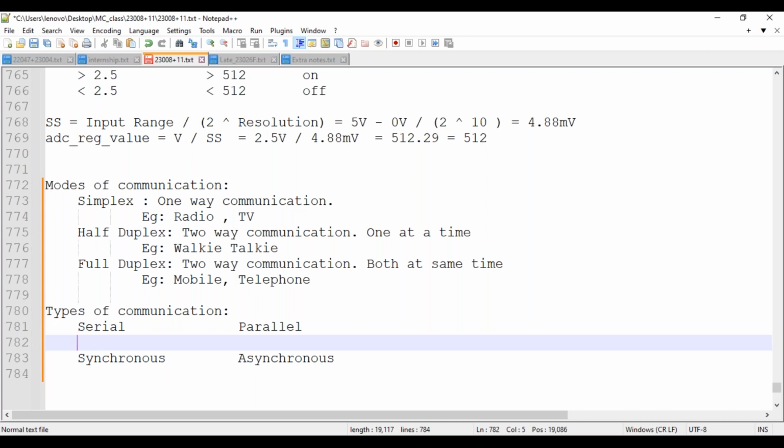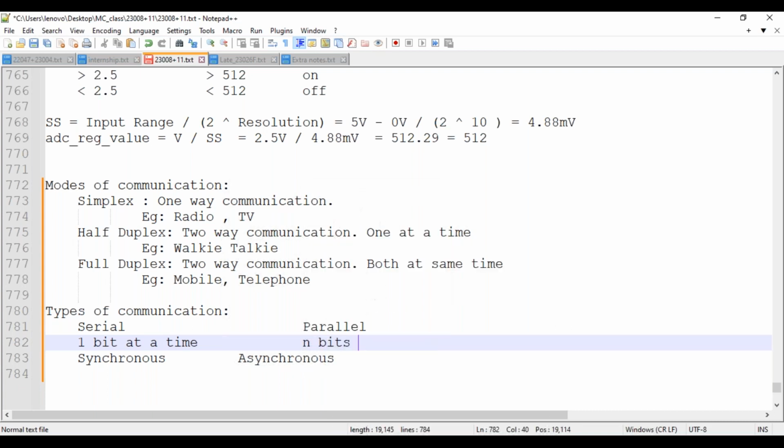When it comes to serial, how many bits can you transmit at a time? Yes, one bit can be transmitted at a time. But when it comes to parallel communication, you can transmit more than 1 bit, I would say n number of bits.